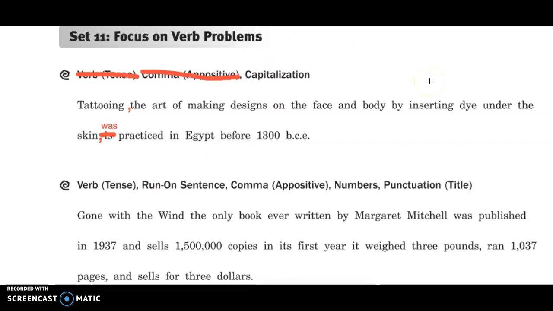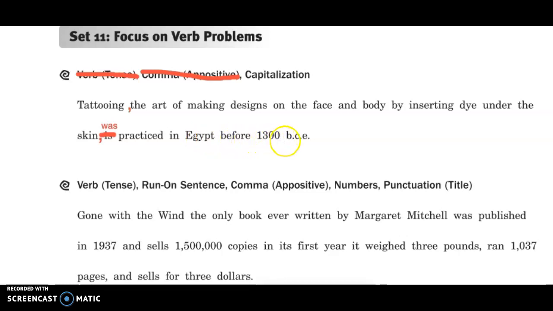And lastly, I'm also going to address some capitalization errors. So to do so, I'm going to quickly browse my sentence. I'm going to be looking for any proper nouns. Also, I'm going to be checking for abbreviations as well. So I know that tattooing has been capitalized correctly because it's the beginning of the sentence. And as I browse the rest of the sentence, I don't really see any other proper nouns until I get to that word Egypt. Egypt is proper, so it should be capitalized, and so that's correct as well.